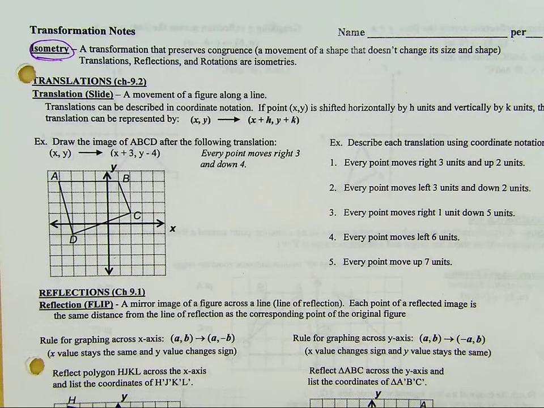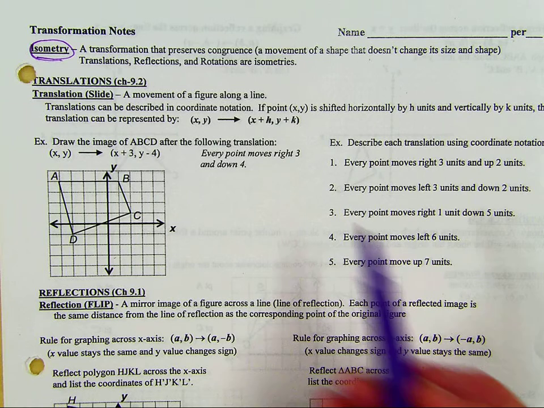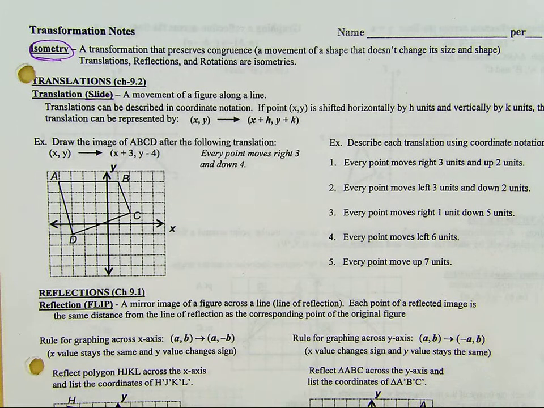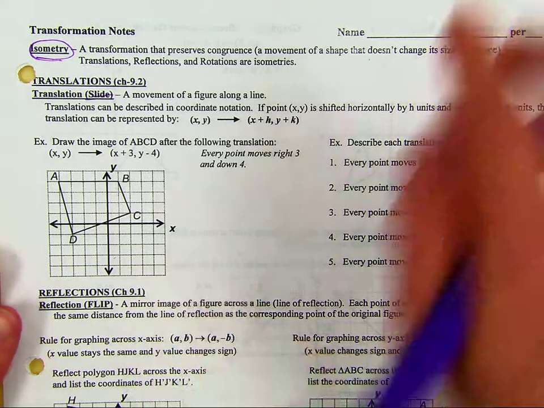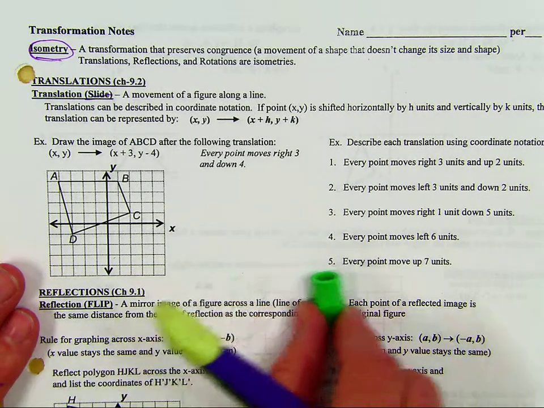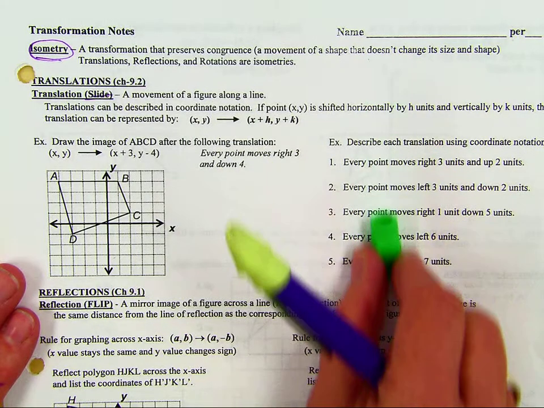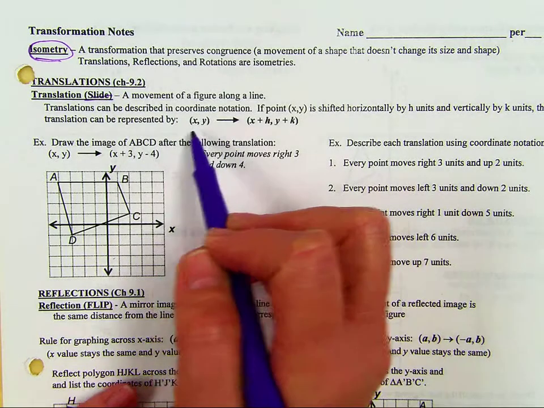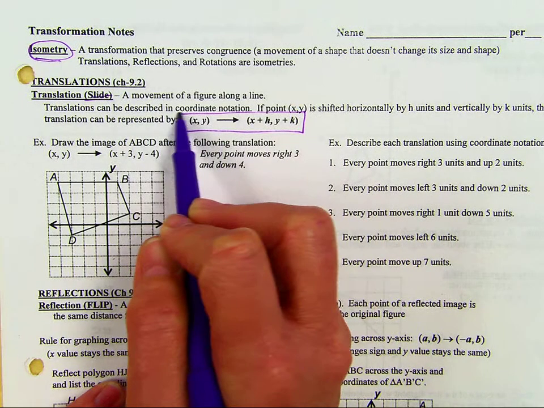translations. When you were in middle school, you did translations and your teacher called them slides. They're just where whatever you have moves horizontally and vertically. Okay? All right. So the most important part of what we're going to be looking at is what's called coordinate notation.